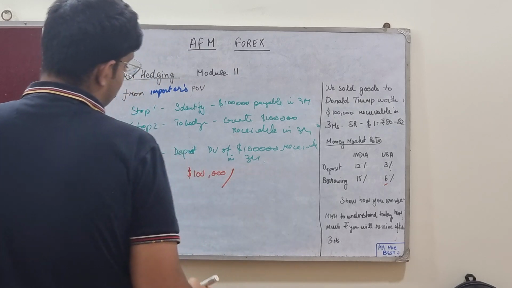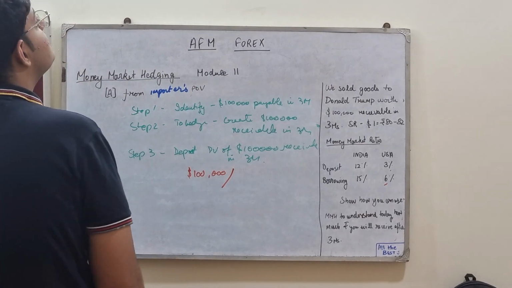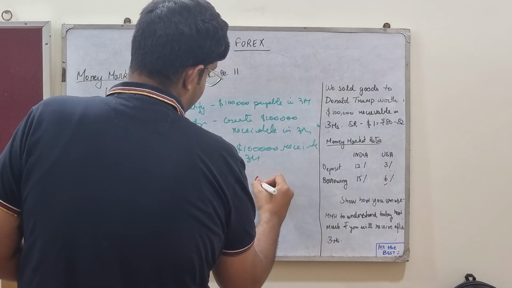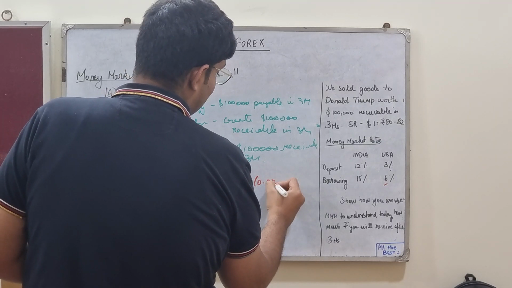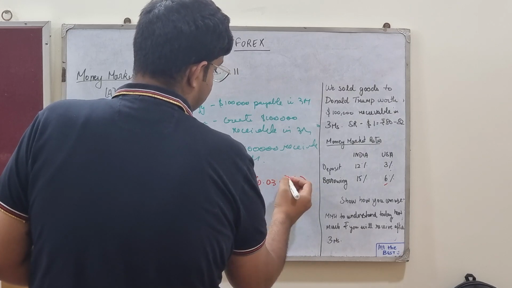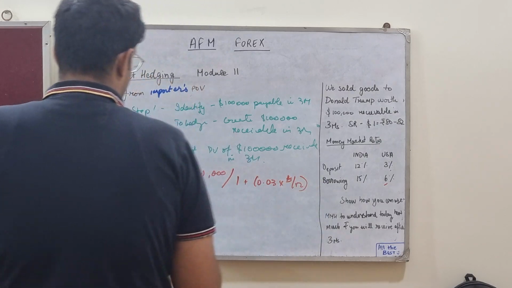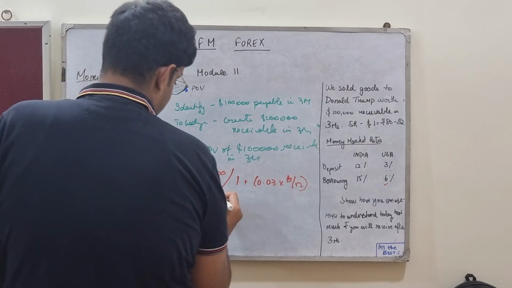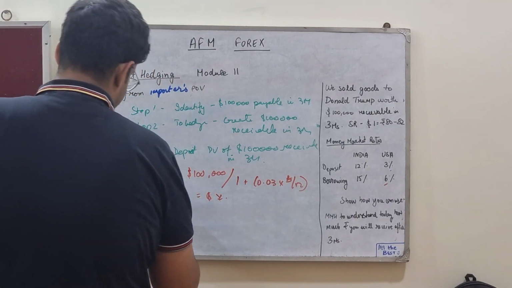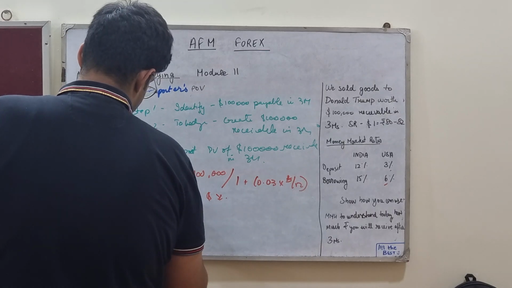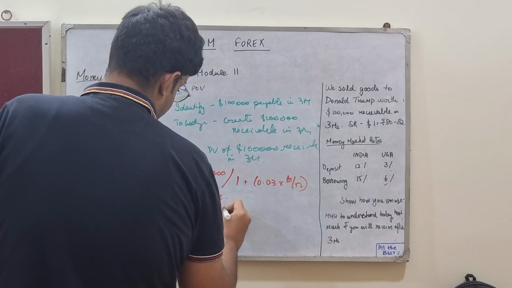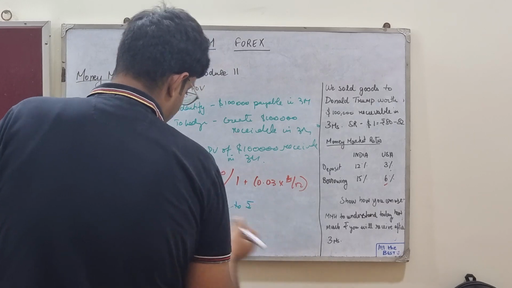So wait, no, it won't be minus, sorry, my bad. 1 plus 0.03 into m by 12, which is 3 by 12. Yeah, so this will give you x dollars. Alright, step 4, convert x dollars to INR using the spot rate.